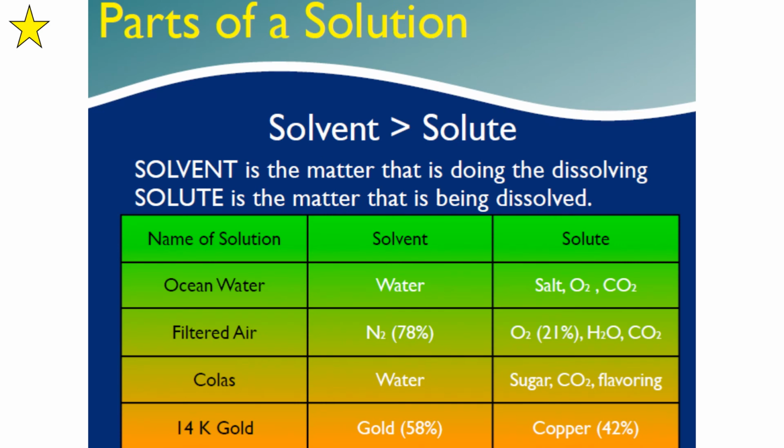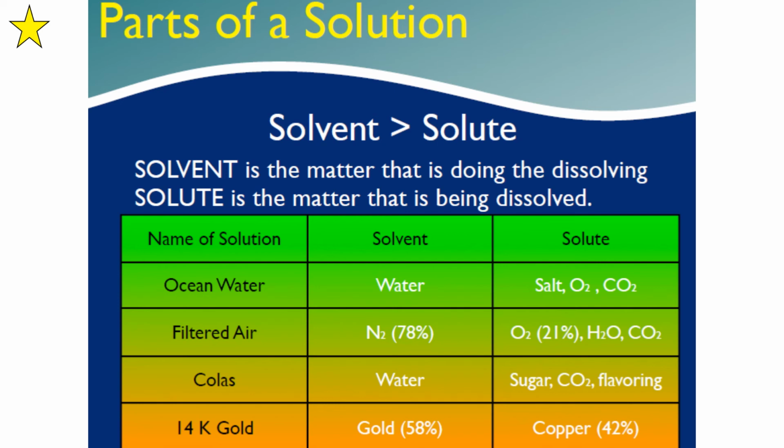Here are some examples. In ocean water, the solvent is what's doing the dissolving, and you have salt, carbon dioxide, and oxygen as the solutes dissolved in the solvent.